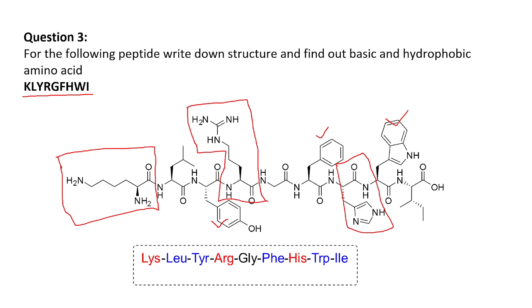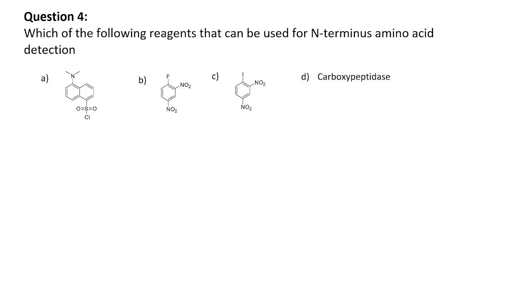Okay, so let's move on to the next question. Which of the following reagents can be used for N-terminus amino acid detection? Let's say you have a peptide and you want to understand which amino acid is at the end terminus.